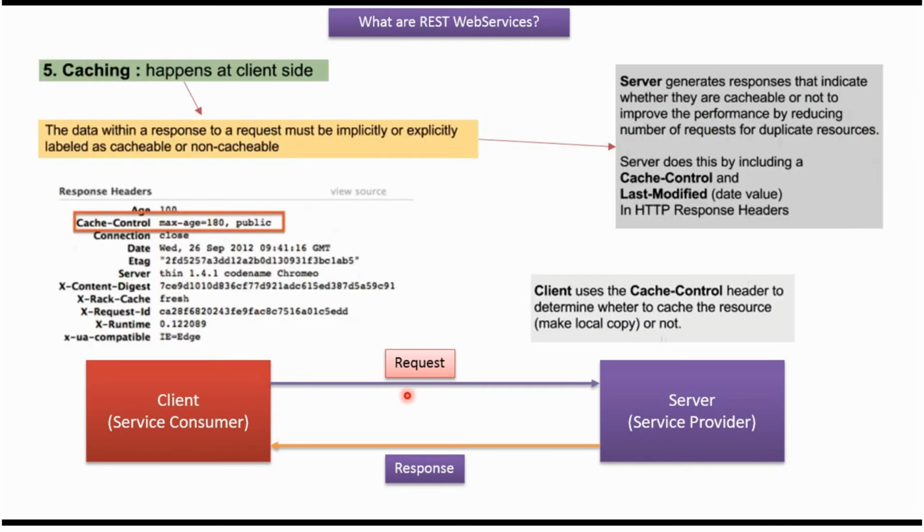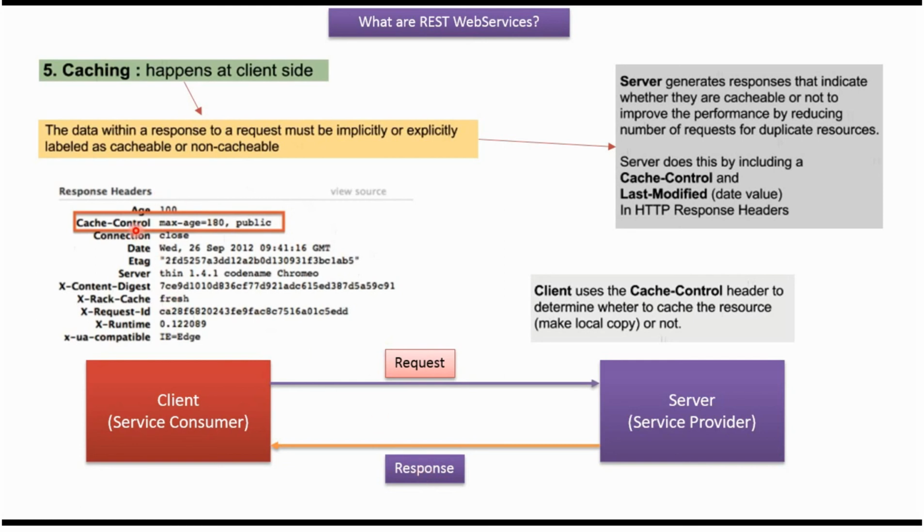In case of RESTful web service, caching happens at the client side. Here you can see the client which sends a request to the server. Server processes the request and sends the response back to the client. In the response, some indication will be there whether the response should be cacheable or not on the client side. Like here you can see the response header.